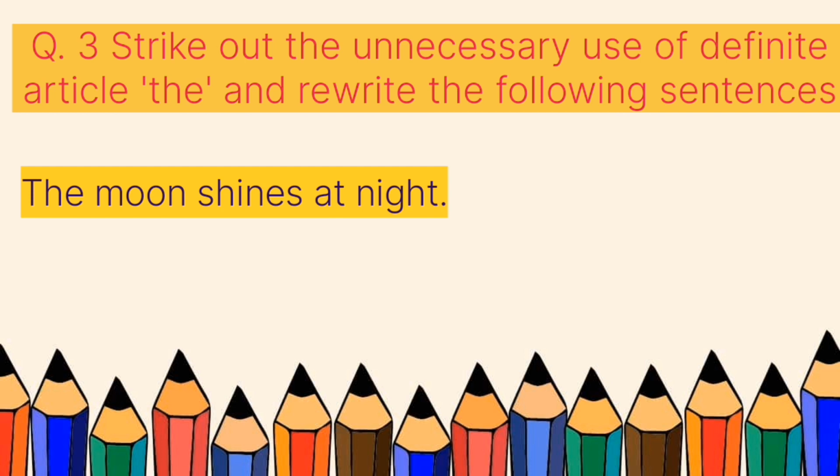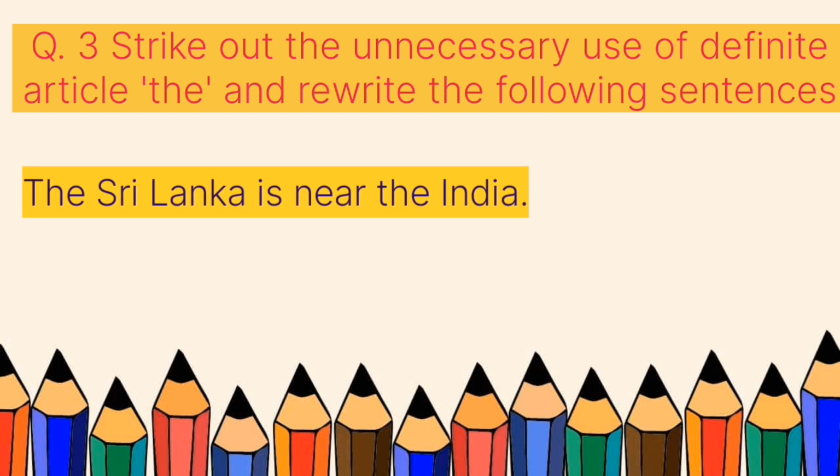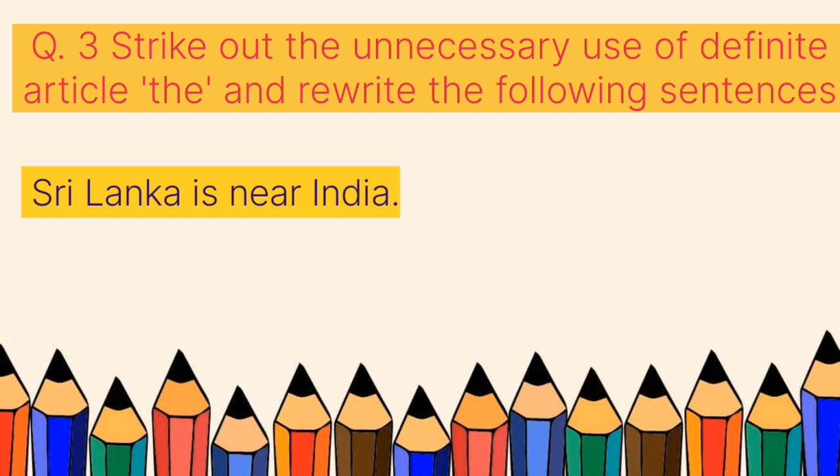Next example: the Sri Lanka is near the India. The answer is: Sri Lanka is near India. Here, the article is not necessary before Sri Lanka and India, as Sri Lanka and India are proper nouns. Proper nouns do not require an article before them.